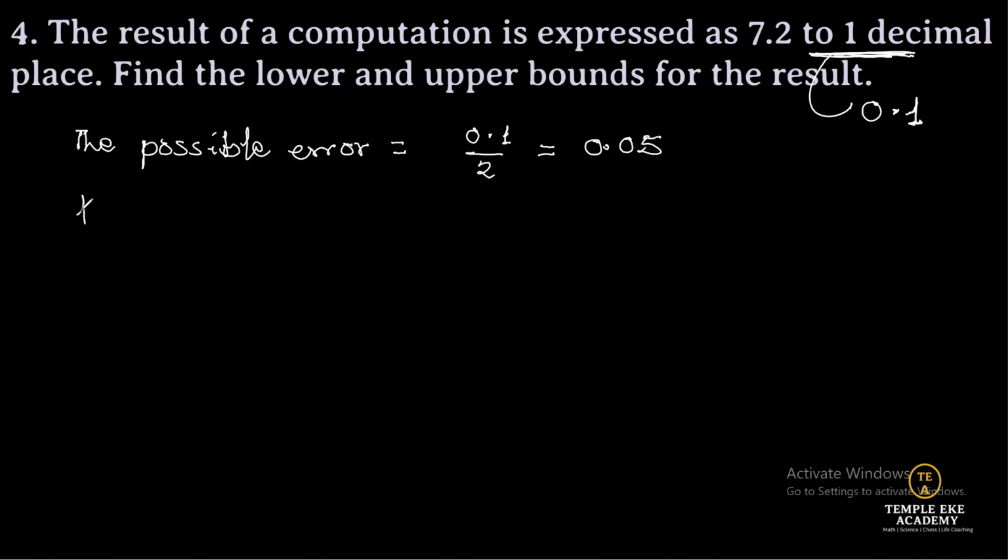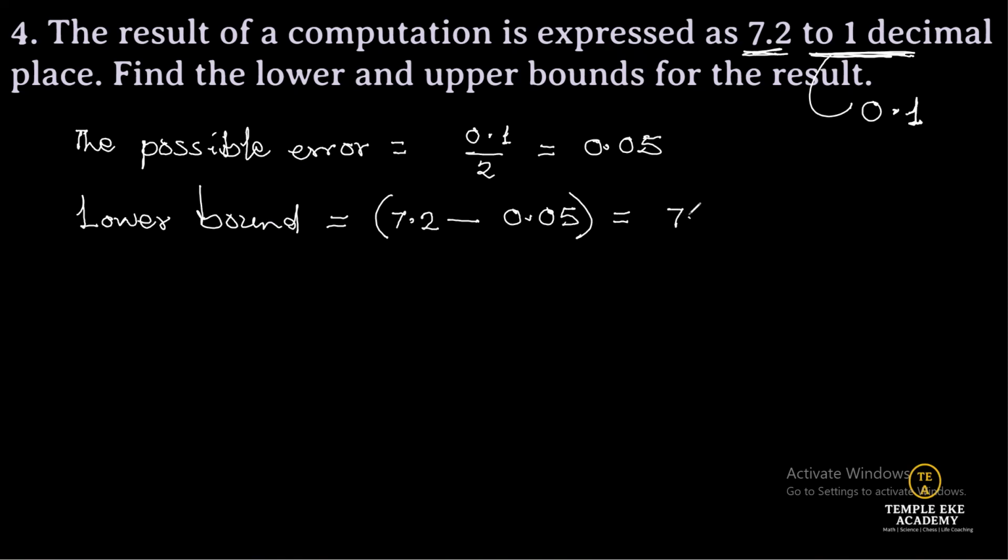First, the lower bound is the rounded value or estimated value, which is 7.2, minus the possible error, which is 0.05. And that's going to give us 7.15, our lower bound.